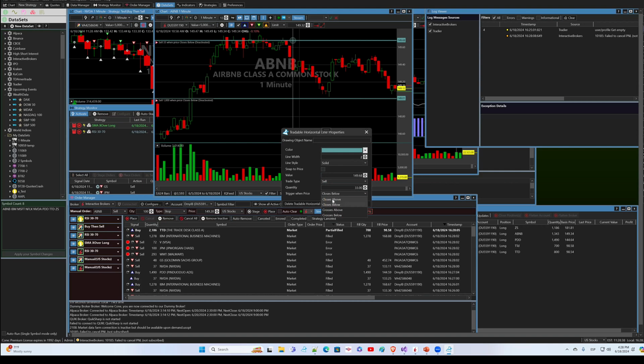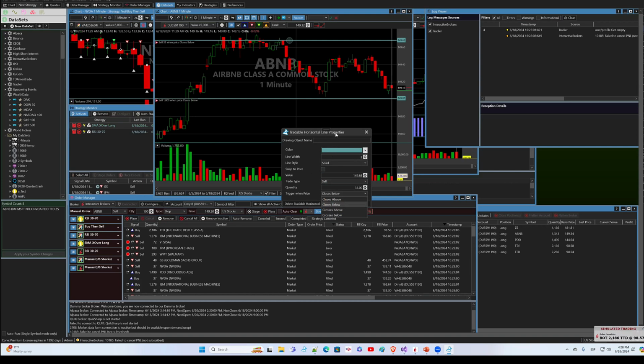By the way, there's crosses and closes, right? So closes, it'll wait for the close of the bar to cross above it. The crosses above is a touch, right? So if it touches that price, it sends a market order. These are market orders, so that is a difference too.